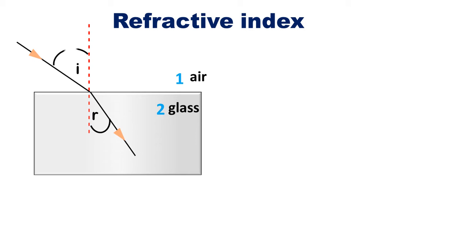But the ratio of sine of angle of incidence to sine of angle of refraction will remain constant. So refractive index is nothing but the ratio of sine I to sine R. When you increase I, R will also increase, but their ratio will remain the same. So that is nothing but the refractive index of the medium.